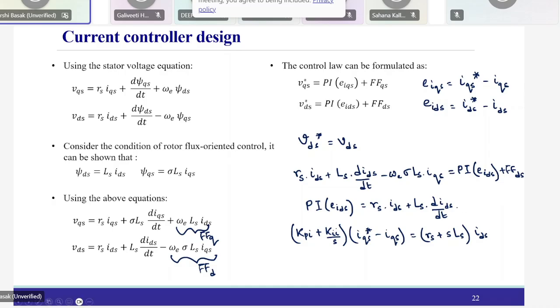Okay. This is a D axis, right? So it will be D axis reference.